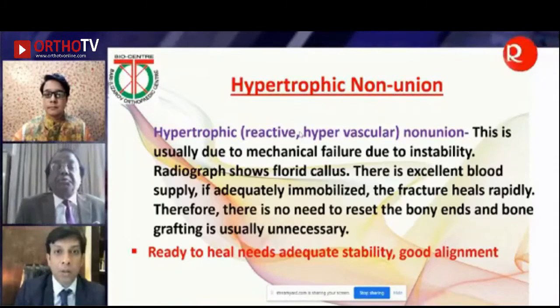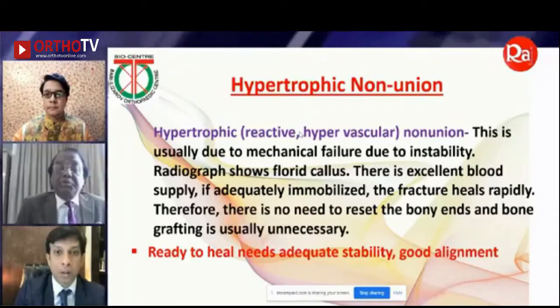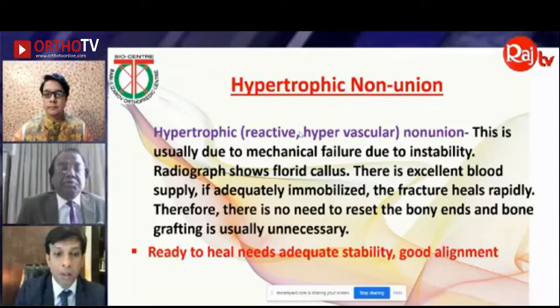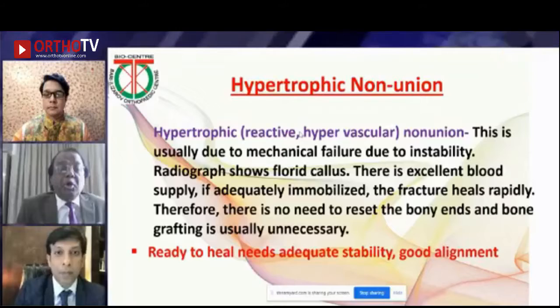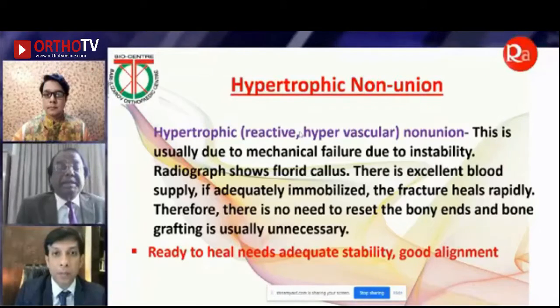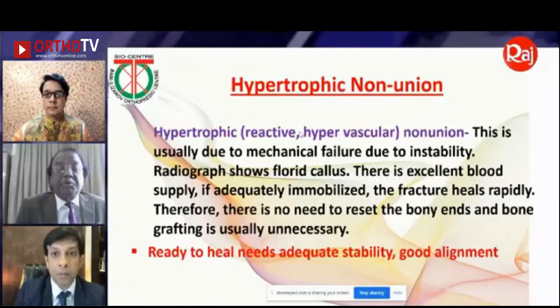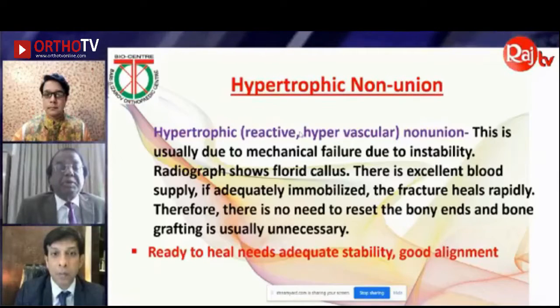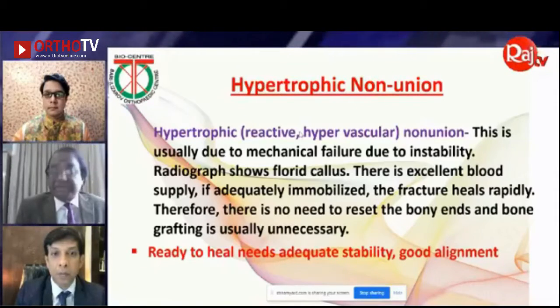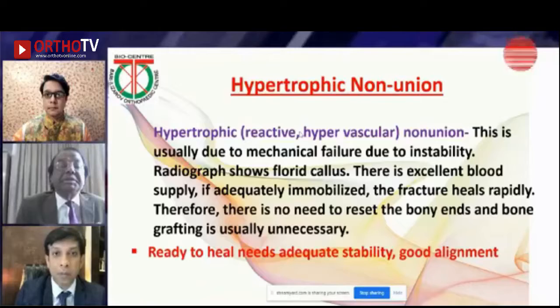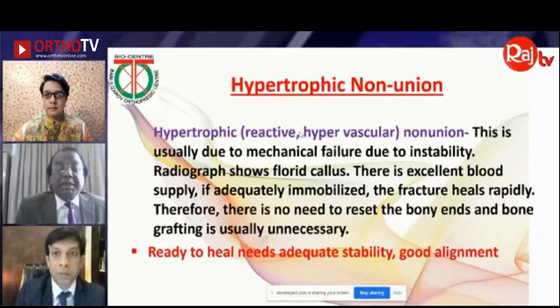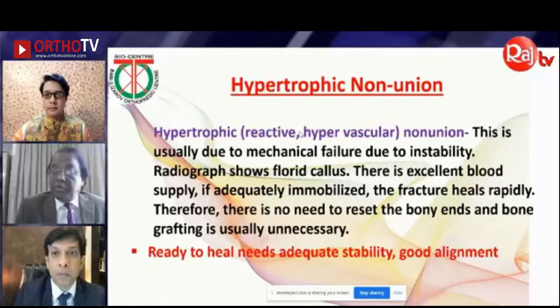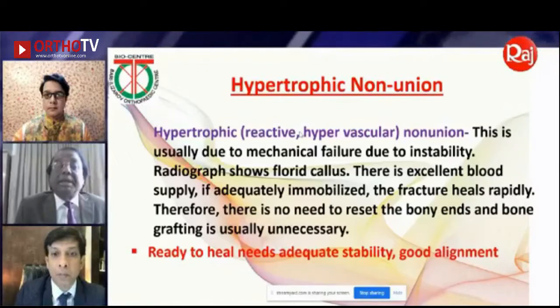This is usually due to mechanical failure due to instability. The radiograph shows florid callus. There is excellent blood supply. You just cannot find mechanical stability. Therefore, there is no need to resect the bone ends, and bone grafting is usually unnecessary. In Ilizarov surgery, you don't need to do that. It is ready to heal, needs adequate stability, and you should have a good alignment.